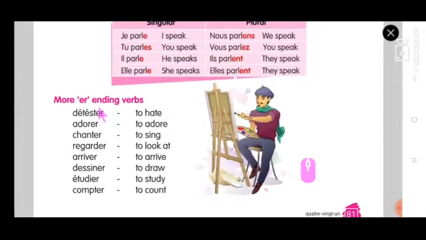Now close your eyes and imagine you have written the verb, and repeat along with me with the pronunciation. Je déteste, tu détestes, il, elle déteste, nous détestons, vous détestez, ils détestent, elles détestent.